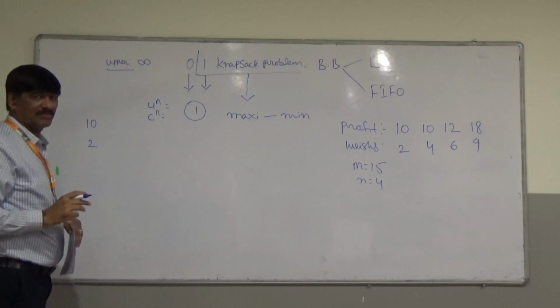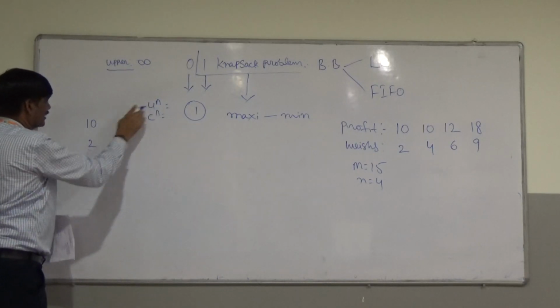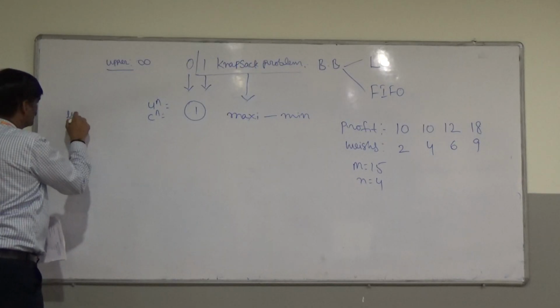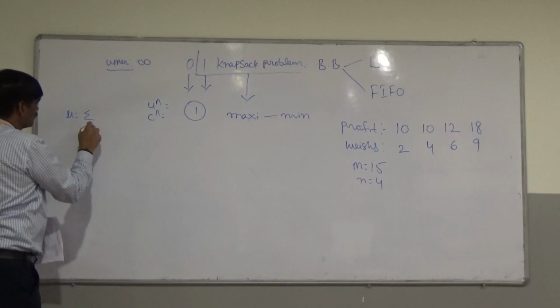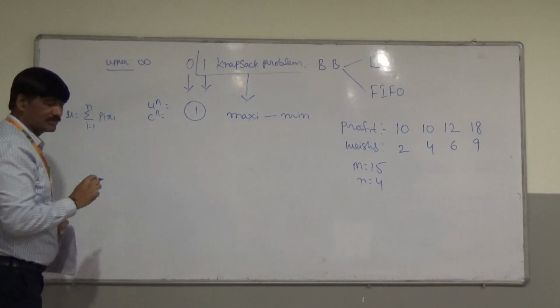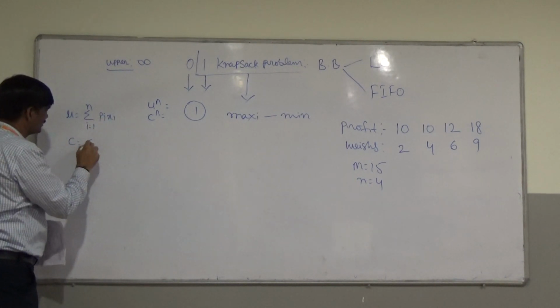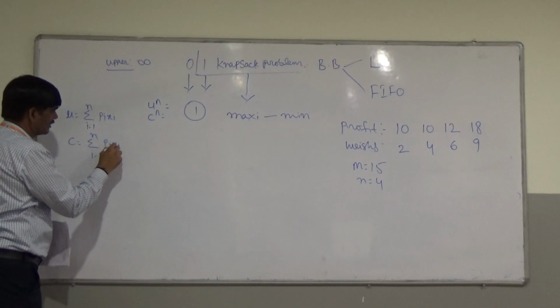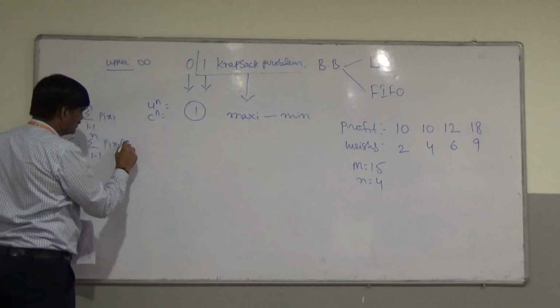If you want to calculate the upper bound and the cost, the upper bound formula is the summation of i equals 1 to n of pi into xi. And the cost is also the summation of i equals 1 to n of pi into xi. Here fractions are allowed.